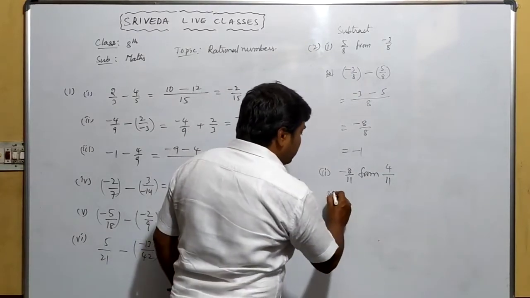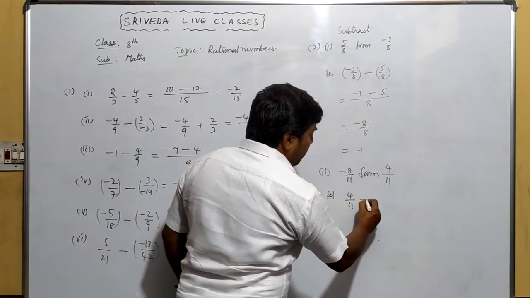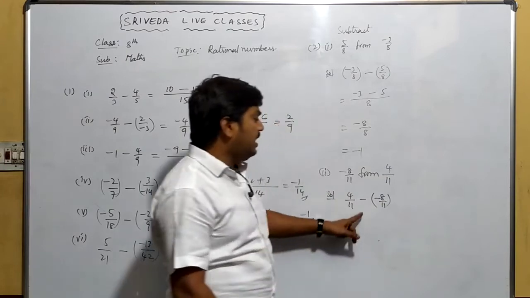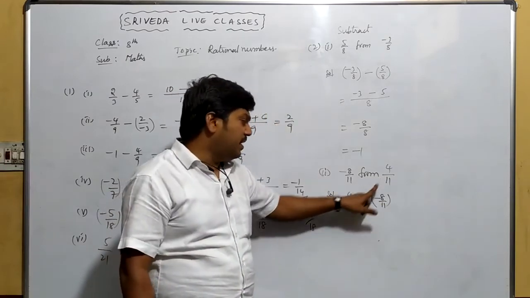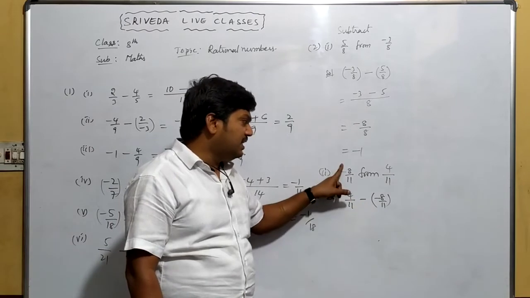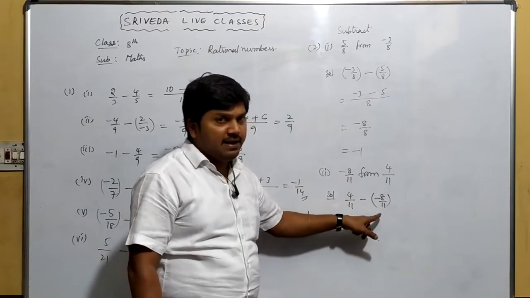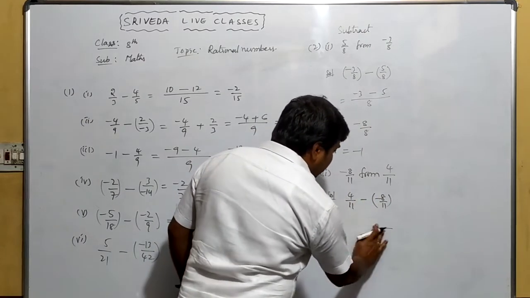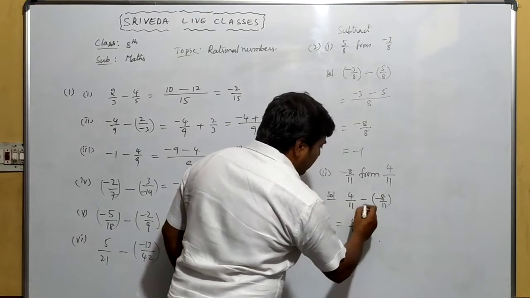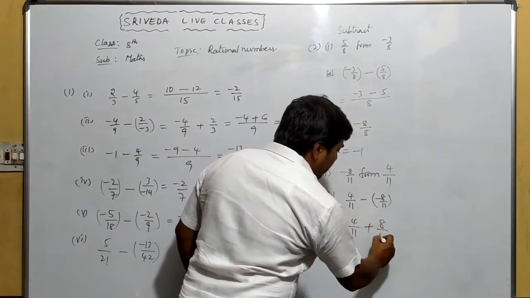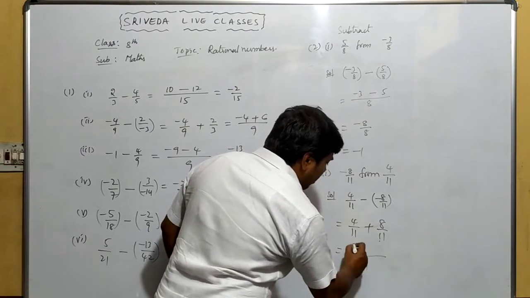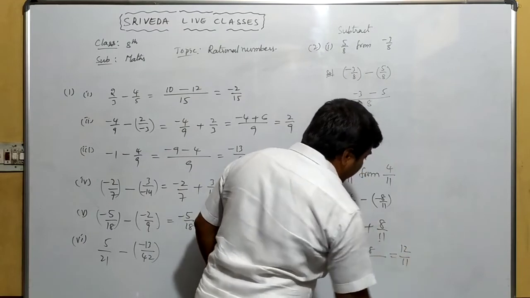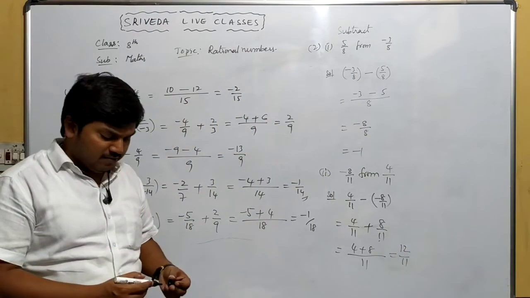So you write it as 4 by 11 minus of minus 8 by 11. We can write it as 4 by 11 minus into minus, plus 8 by 11. What is the LCM? 11. 4 plus 8 is how much? 12 by 11. So 12 by 11 is the answer.